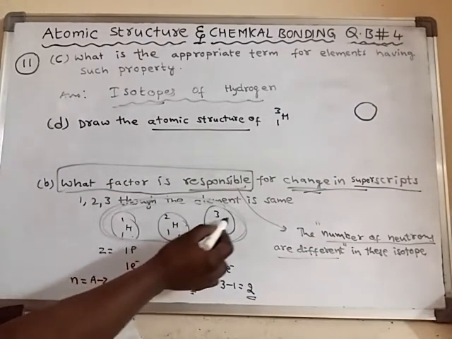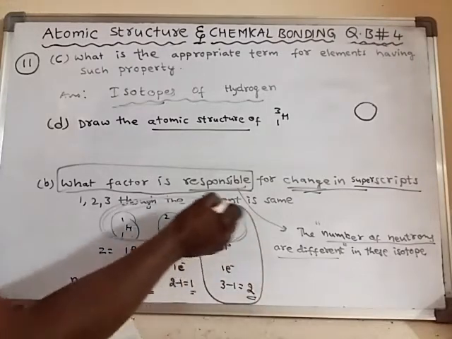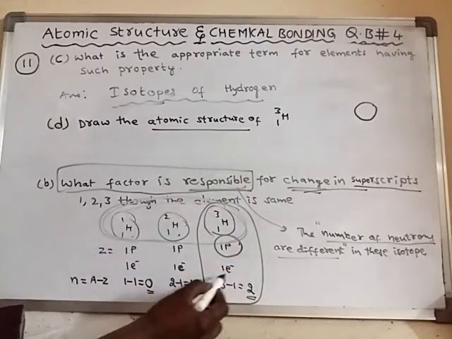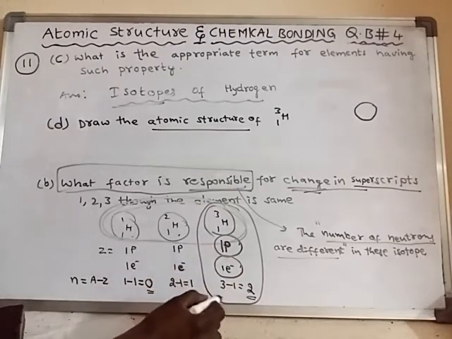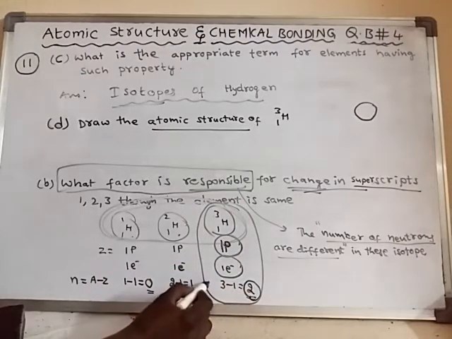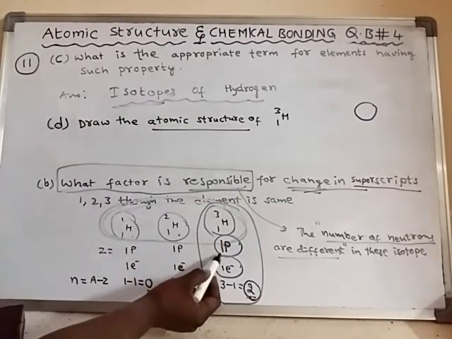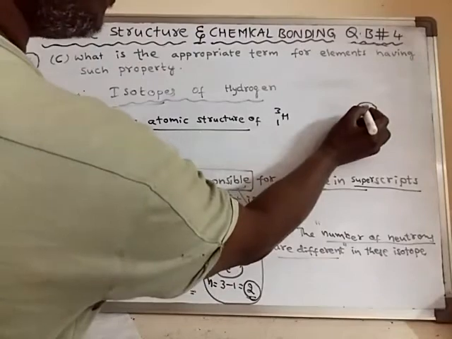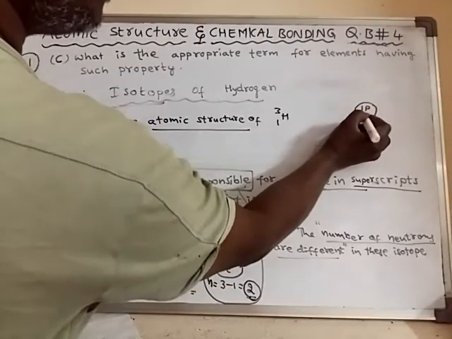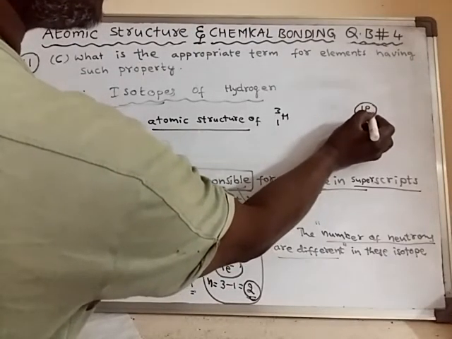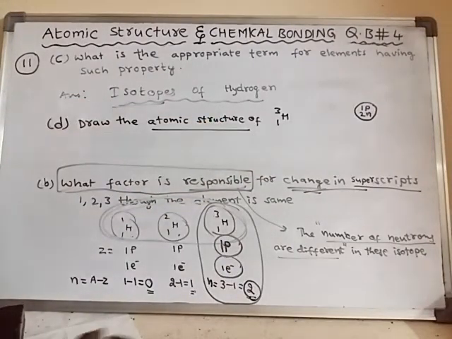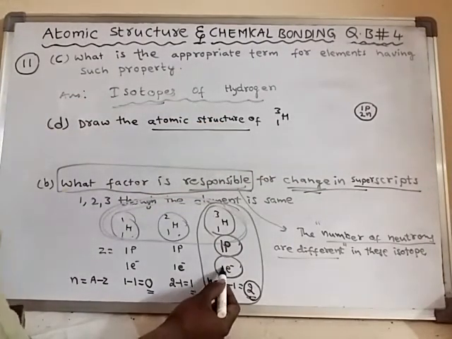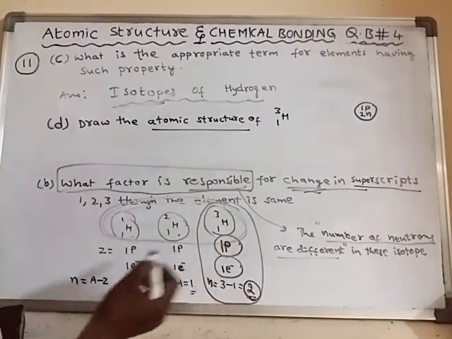So in 1H3, there is one proton, one electron, and how many neutrons are there? 2 neutrons. So one proton and 2 neutrons are present in the nucleus of this atom 1H3. And how many electrons are there? Only one electron is present.